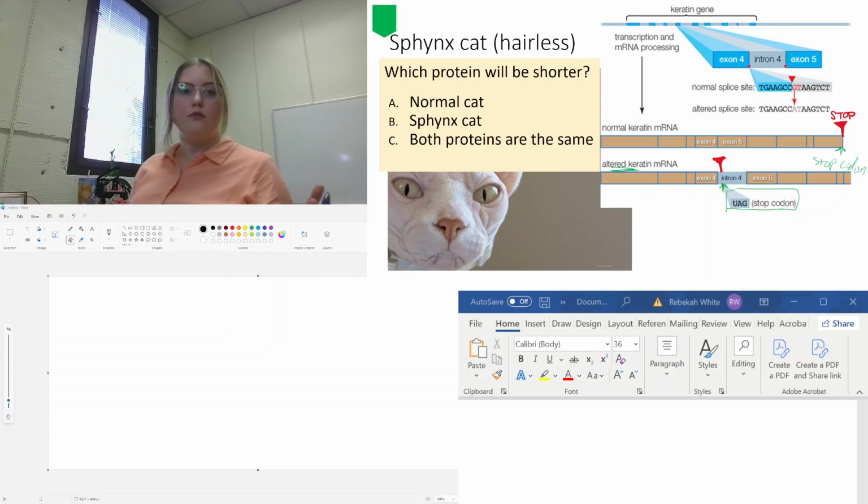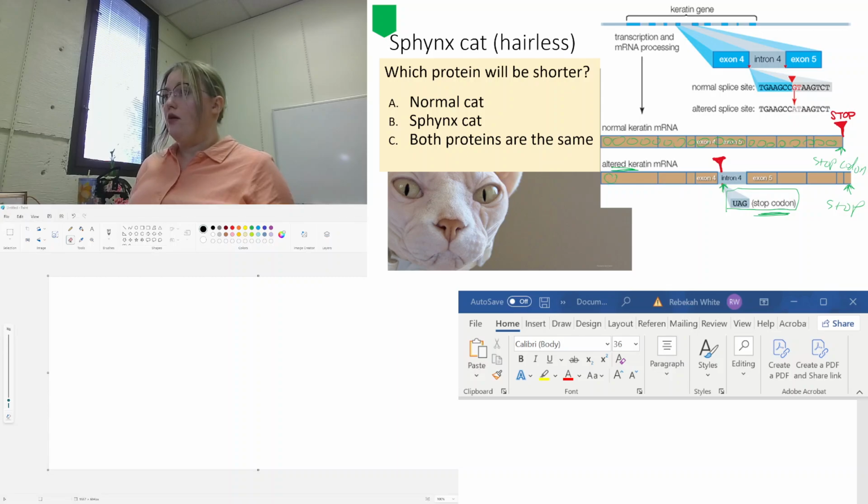If our stop codon is at the end here, then we have amino acids being added all the way to the stop codon. In our altered mRNA, we still have this stop codon, but we also have this stop codon.